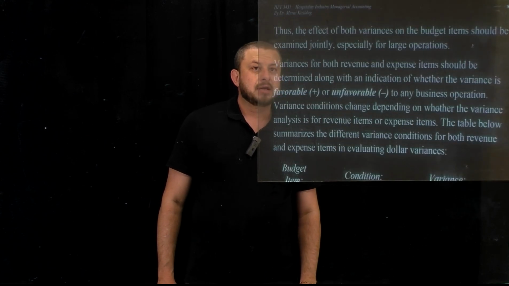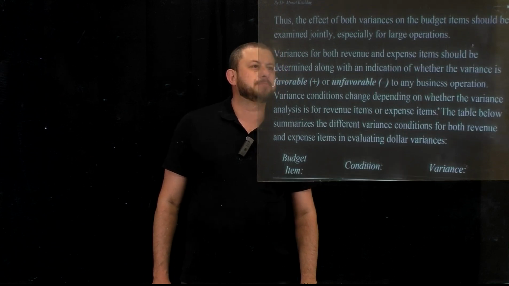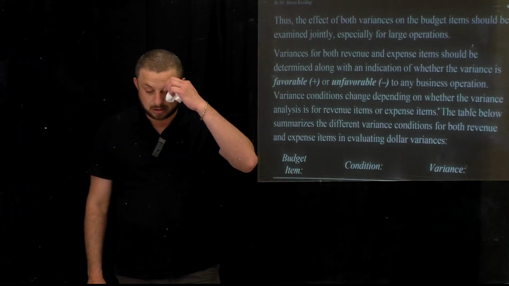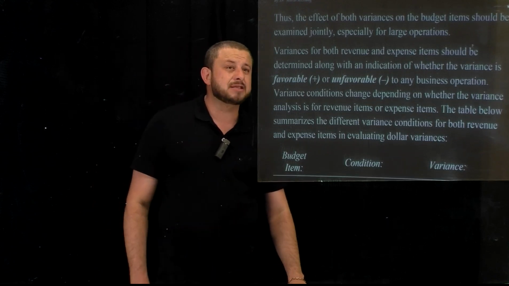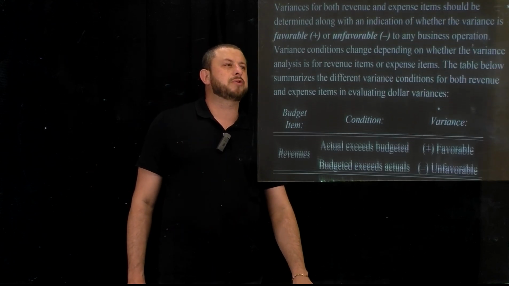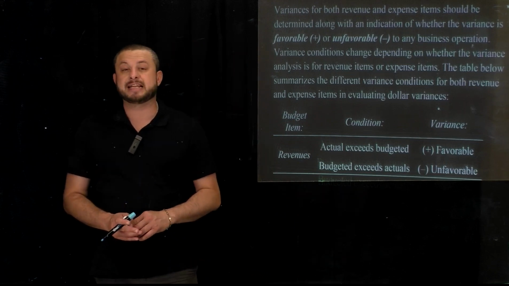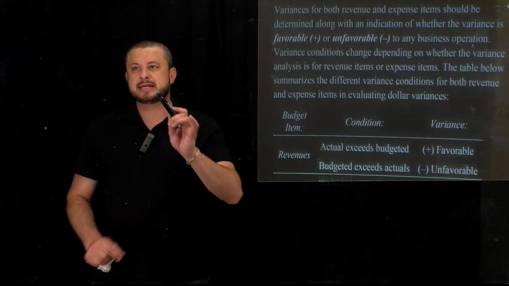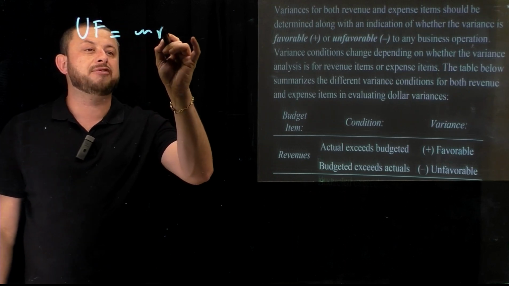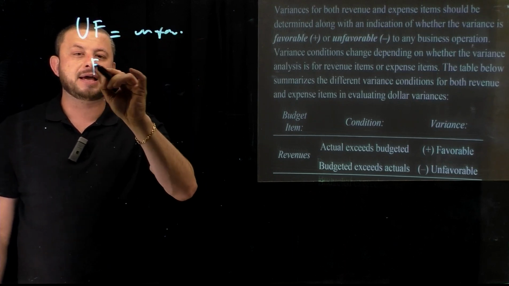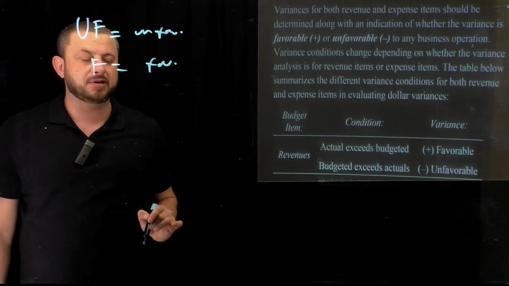All right. The effect of both variances on budgets will, of course, be different from each other. That's why they have to be analyzed differently. Guys, variances for both revenues and expenses should be determined with an indication. The indications are either UF, which is unfavorable, or F, which is favorable, okay?